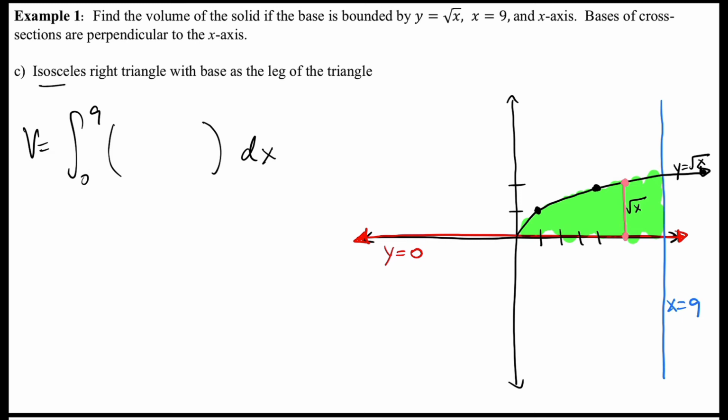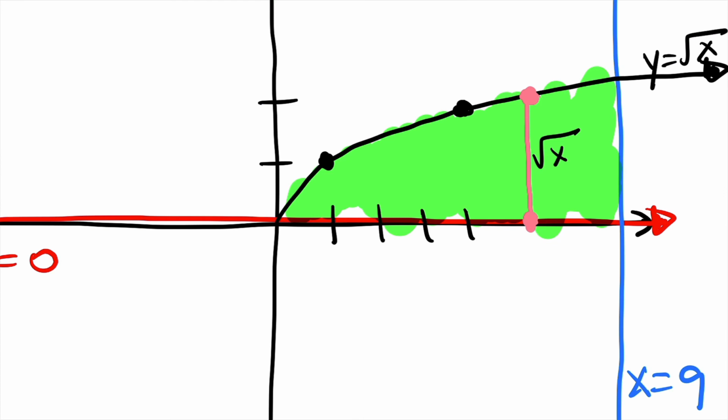The shape is an isosceles right triangle with the base as the leg of the triangle. In an isosceles triangle, 2 of the sides are equal and the third side is not. The legs are the 2 shorter sides.